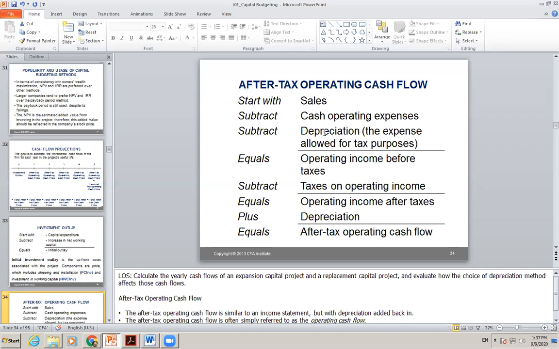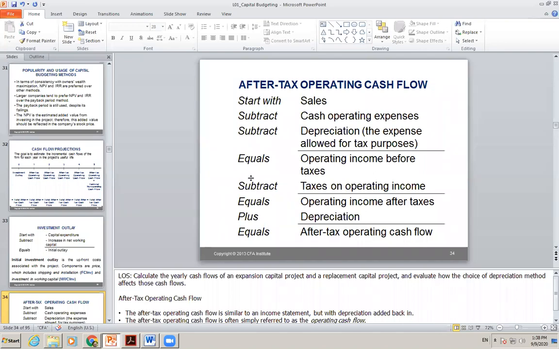So it depends. You should be very careful while reading the question, which depreciation methodology you should use to calculate it. Operating income before tax, EBIT, how do you calculate it? Sales minus this, and you get the EBIT. And for simplicity, we assume there is no interest.